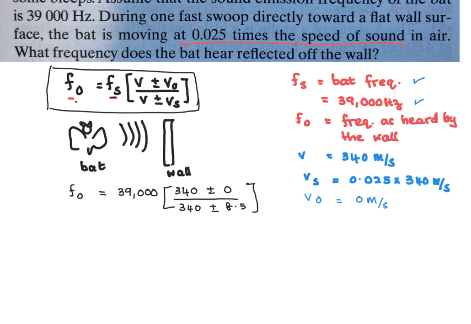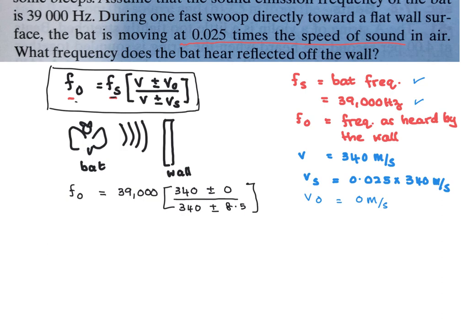Now we need to decide what sign we are using. Remember, the bat is flying toward the wall, and assuming that the wall is the observer, because of the bat's motion the wall should be able to hear a higher frequency, right?